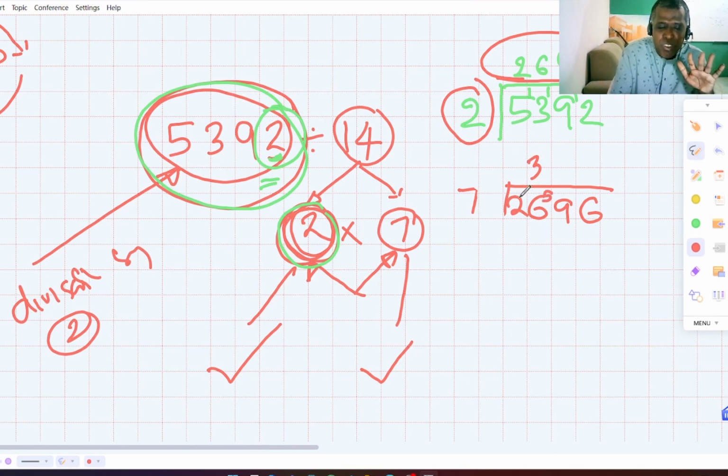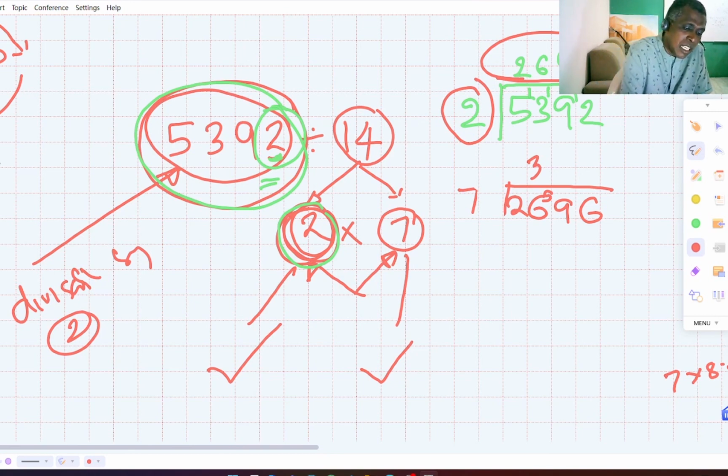Next number is 59. 59 divided by 7. 7 times 7 is 49. 7 times 8 is 56. 7 times 9 is 63.